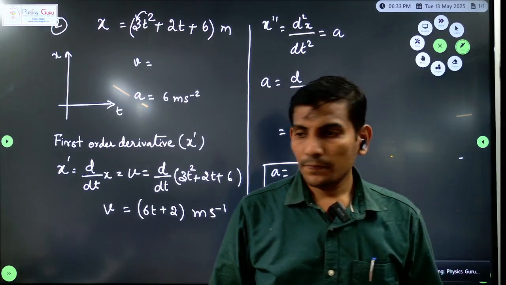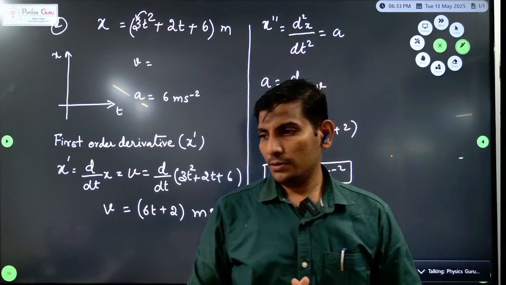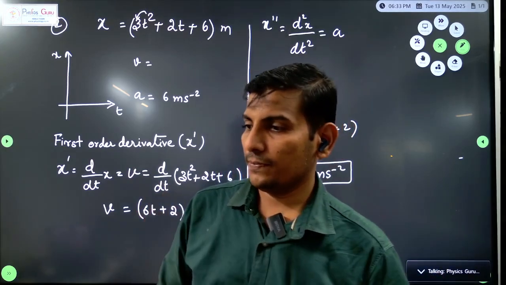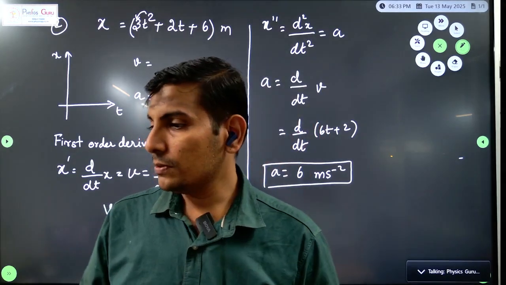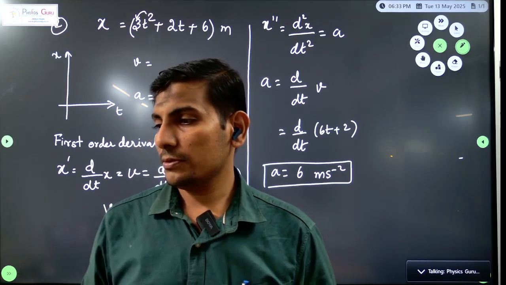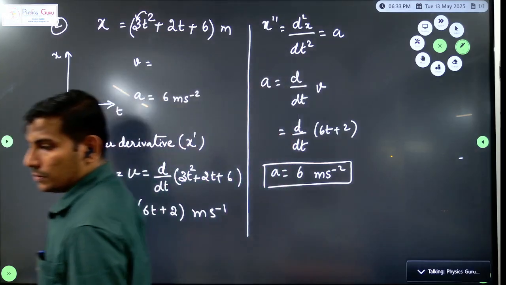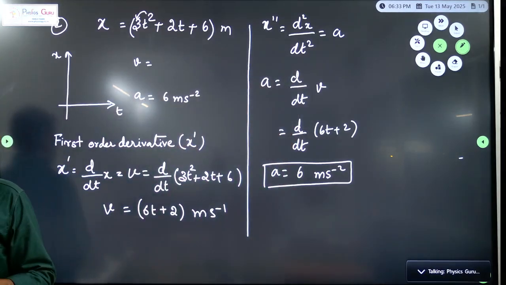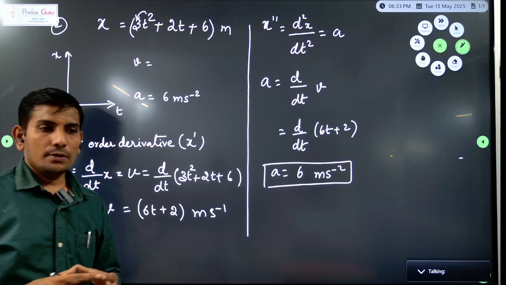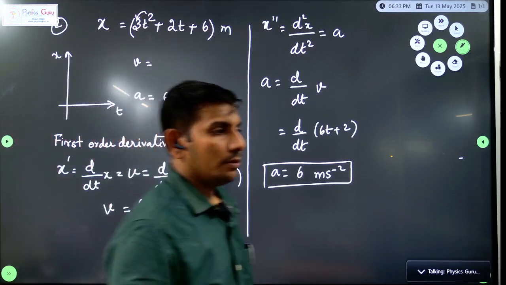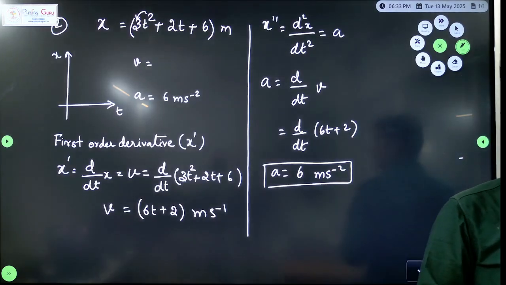Children, remember, when the velocity turns out to be constant, I can say that kind of motion is a uniform motion. When the velocity of a body turns constant, then the motion is described to be a uniform motion. Noted?